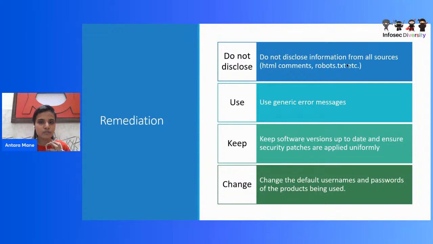So the remediation would be to not disclose information from any sources like HTML comments, robots.txt files, or error messages, right? Always use generic error messages whenever you throw a 404 error or any error message. Keep the software versions up to date, make sure all the security patches are applied uniformly, and change the default username and password if it is being used.